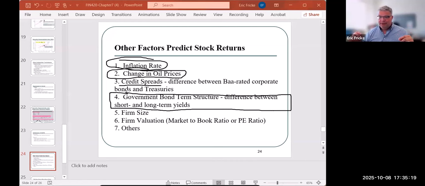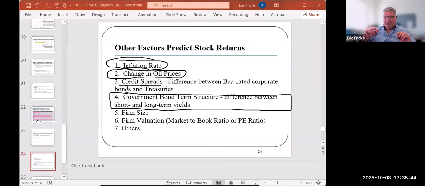In general, when short-term interest rates are getting lower, like right now, this is in 2025, talking about interest rates being dropped. The Fed controls short-term interest rates, and when they get lower, it reduces costs for companies, and we tend to see stocks go up.